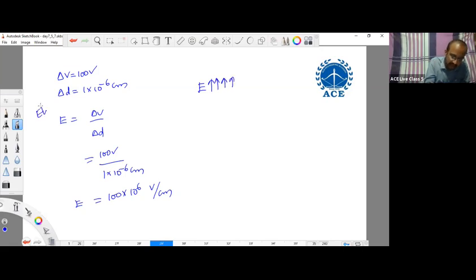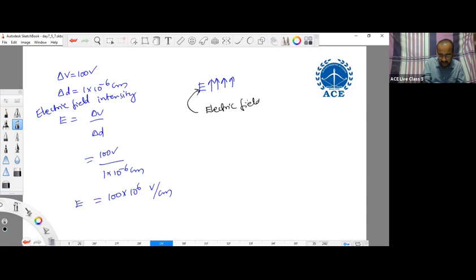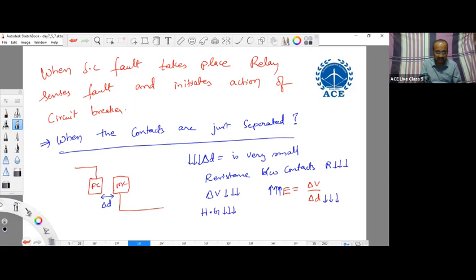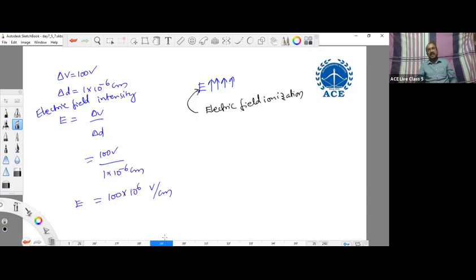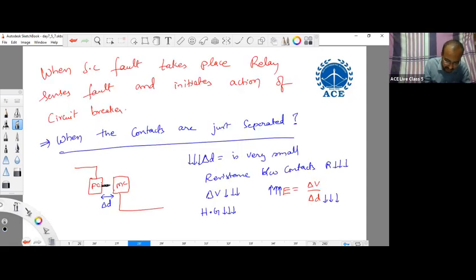Due to this high electric field intensity, it will result in what? Electric field ionization. Whenever electric field ionization takes place, a large number of electrons will be released, and the arc is formed between the contacts due to the high electric field intensity.